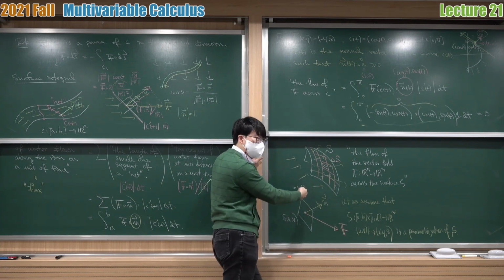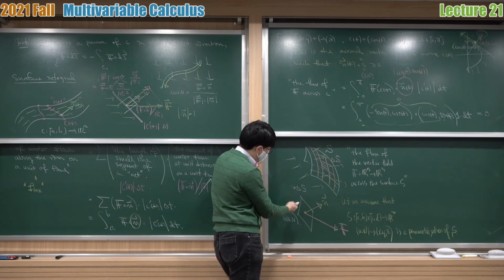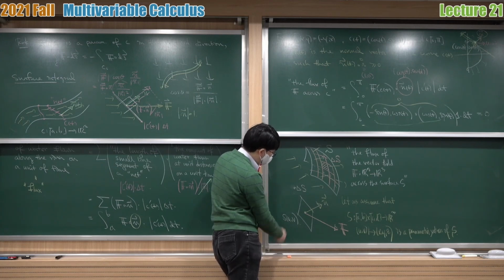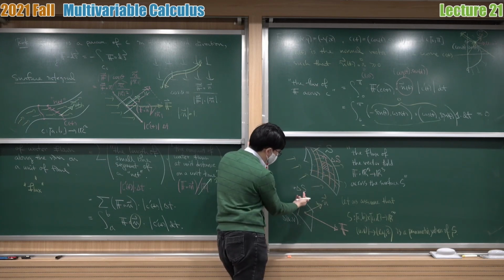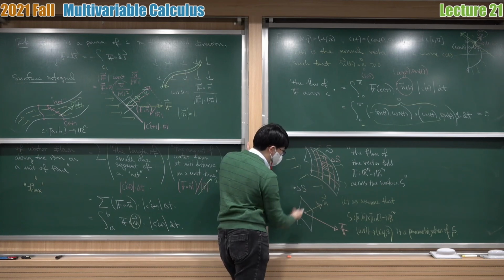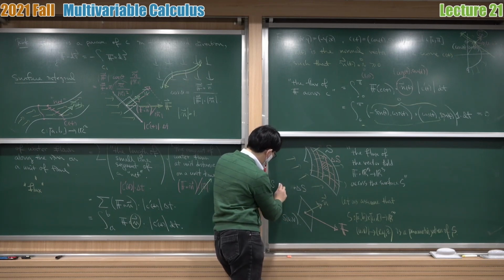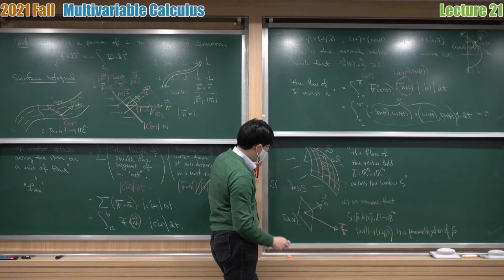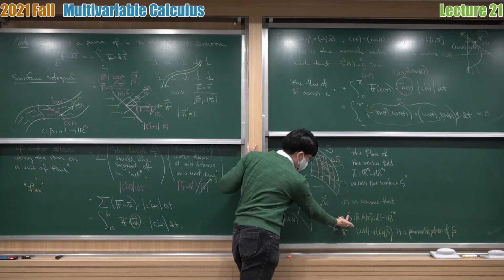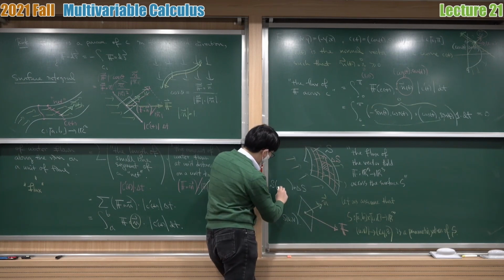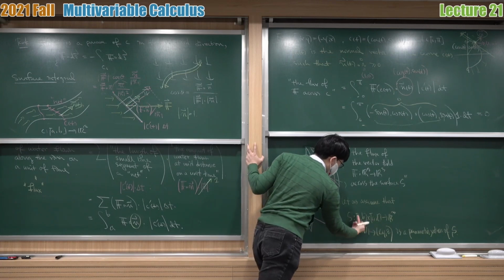Delta S here is a set. I mean, I'm talking about delta S as a set, which is the small portion of S. It's an image of this parameterization S of a small part of this rectangular domain.